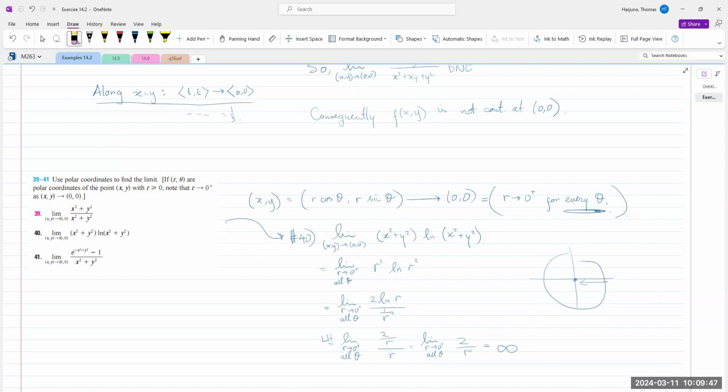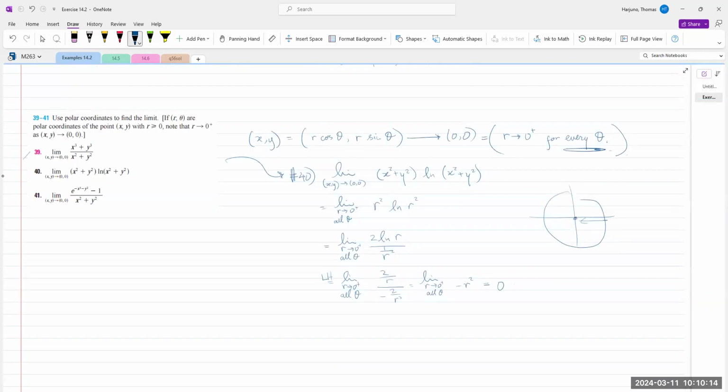So the derivative will be negative 2 over r cubed. No, I was expecting this to be 0 though. So this is negative r squared, which is 0. Okay. Now, this works very well, especially if we have x squared plus y squared.